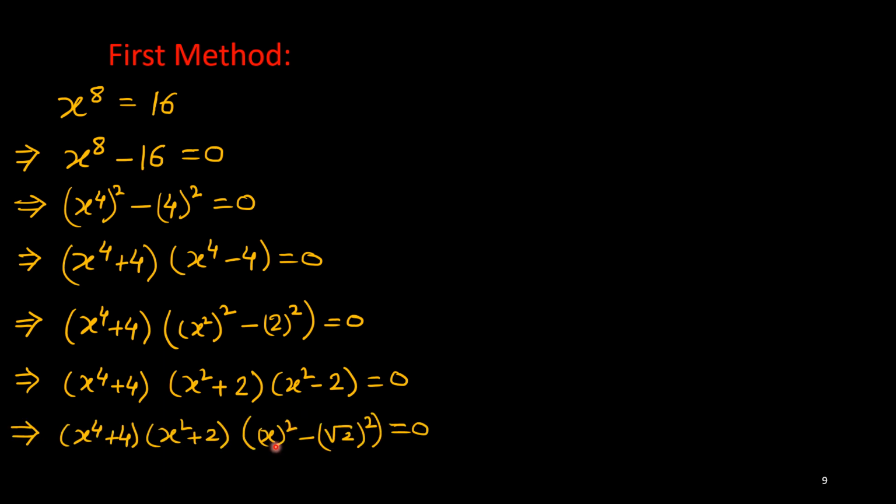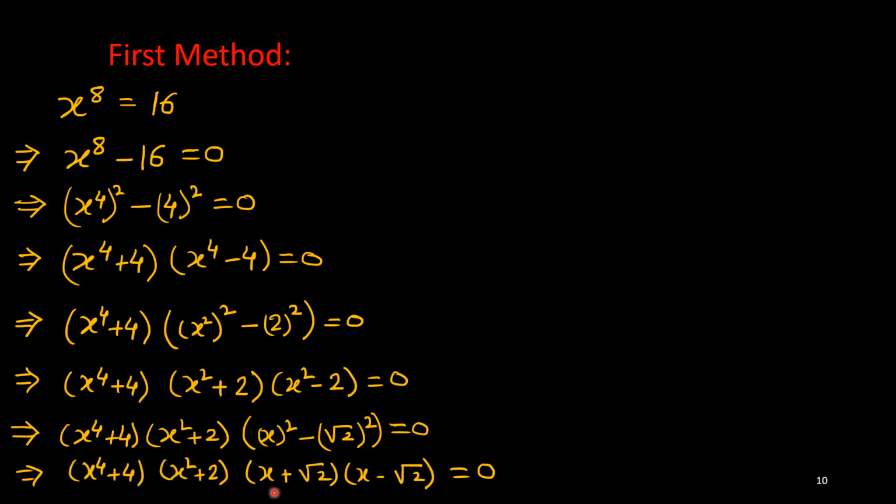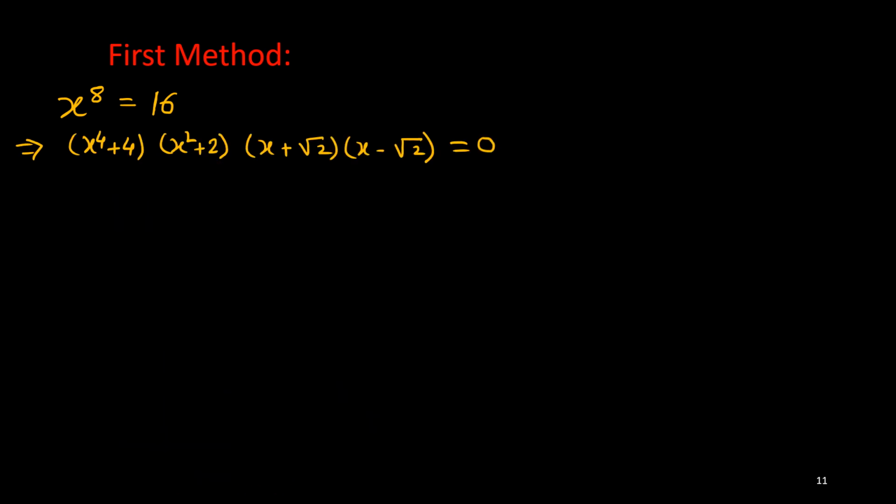We can rewrite it as the square of x minus the square of square root 2, again a squared minus b squared form. So we have these factors: x to the power 4 plus 4, x squared plus 2, x plus square root 2, and x minus square root 2. Okay, so we have these factors.